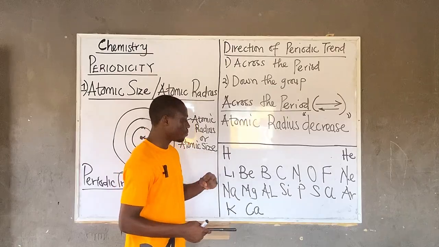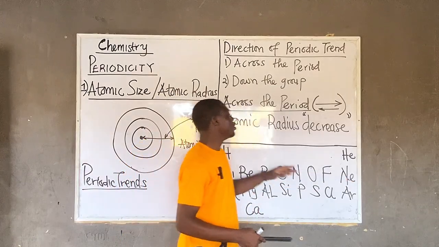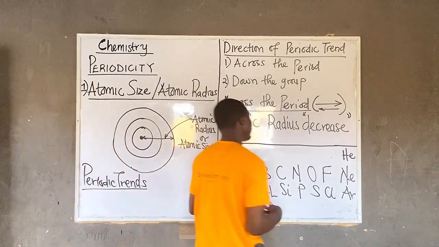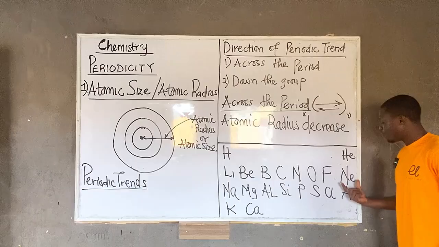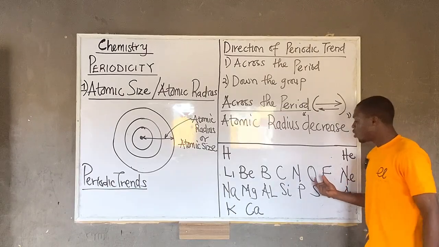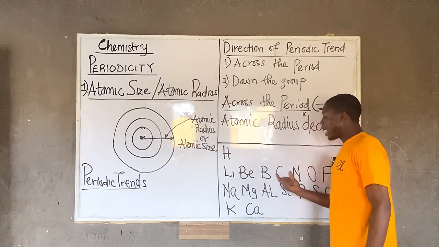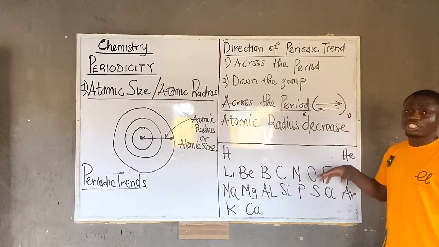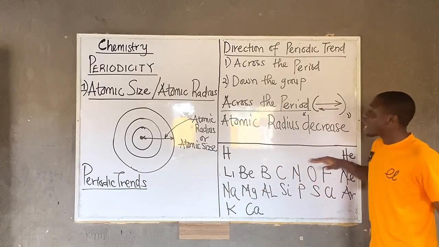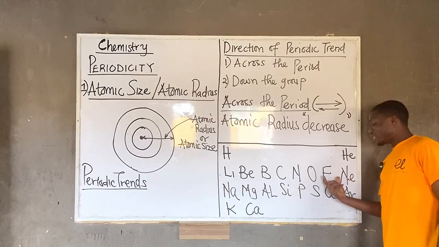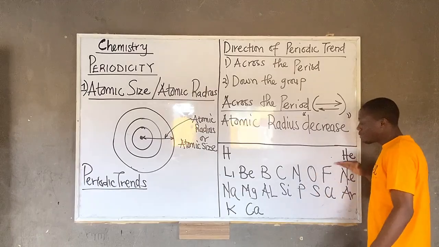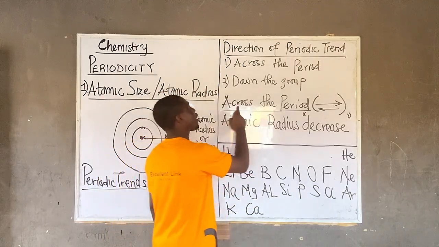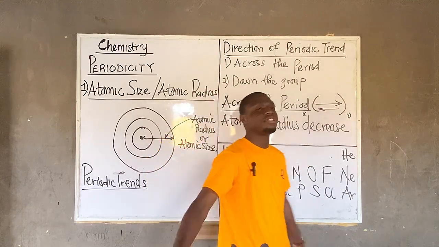And if I move in the other direction, drawing neon, fluorine, oxygen, nitrogen, carbon, boron, beryllium, and lithium, one is larger, then second to the largest, and so on. So either way, the key takeaway is this: as you move across the period, atomic radius decreases.